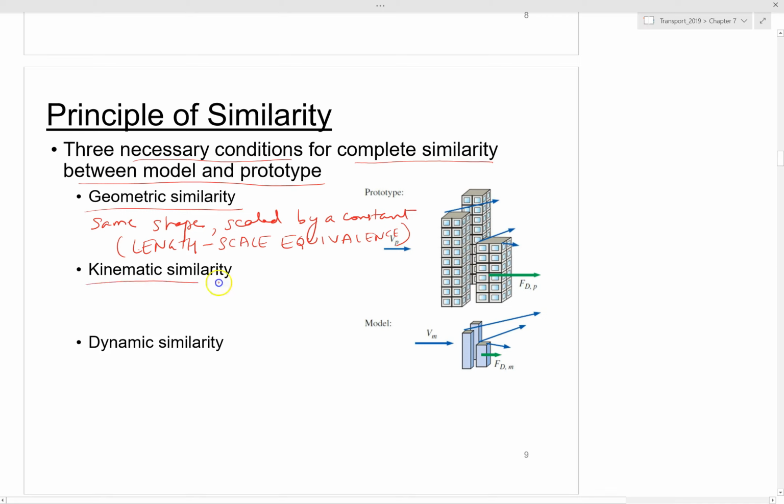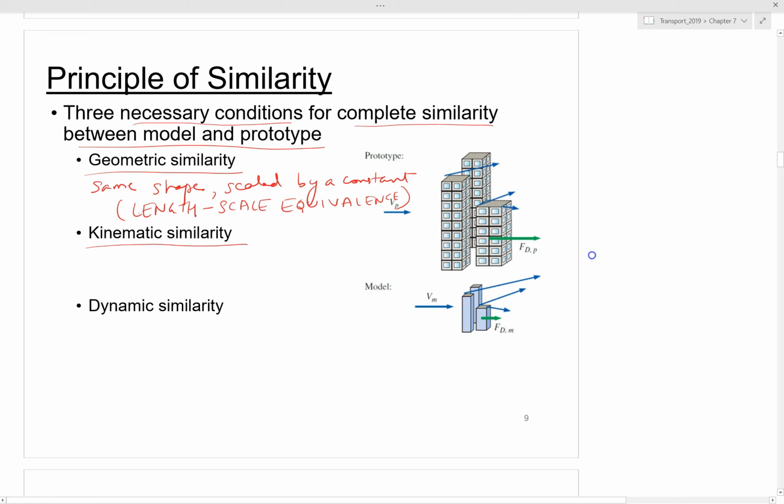Then you have kinematic similarity. Kinematic similarity is basically about the parameters, like for instance in a pipe system, you have velocity as a parameter.